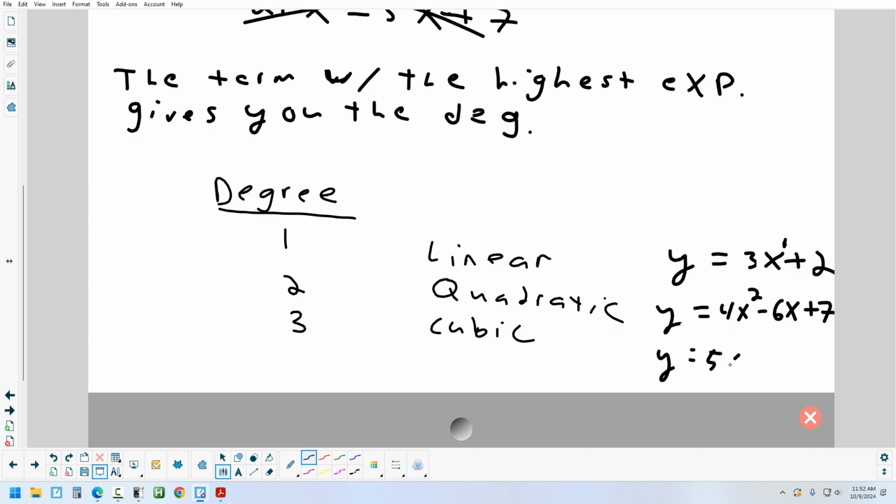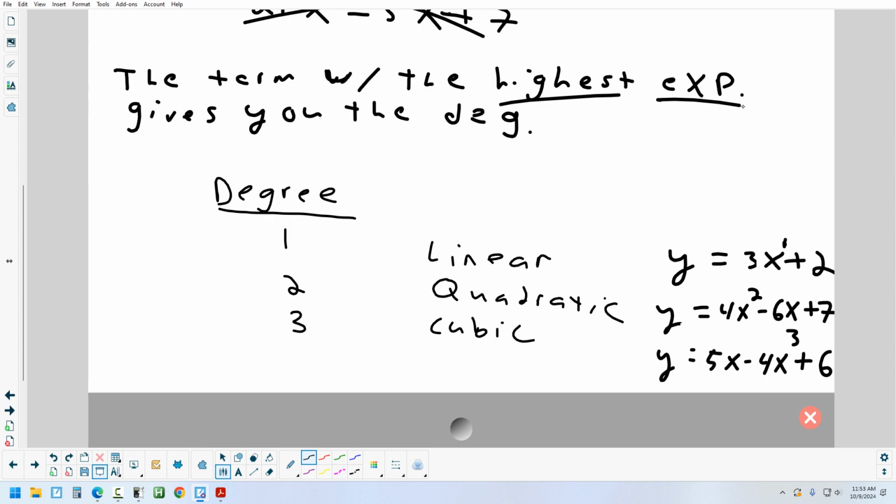Let's do 5x minus 4x cubed plus 6. Now, when you look at that one, if you look at the first term, you might say, wait a minute, the first term's linear. I didn't say anything about the first term being the degree. I said the term with the highest exponent.